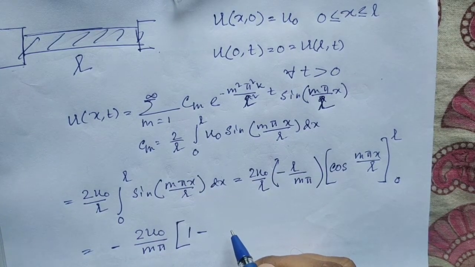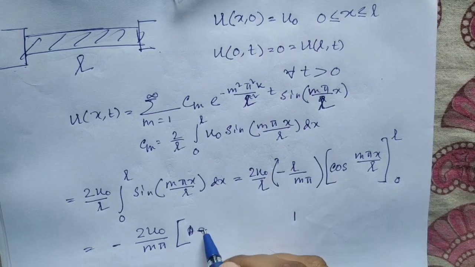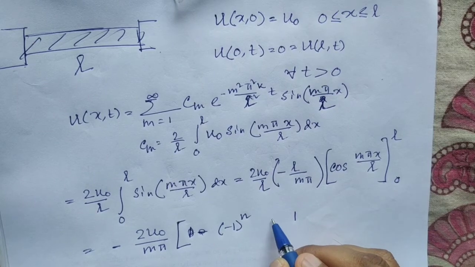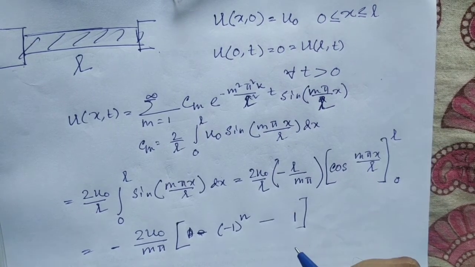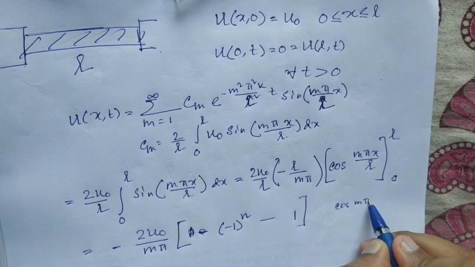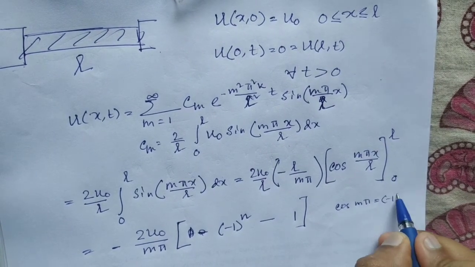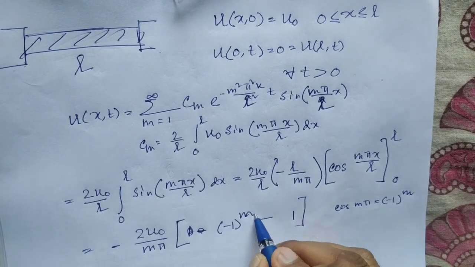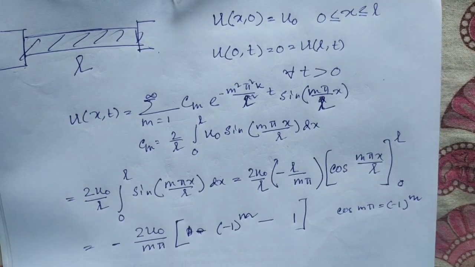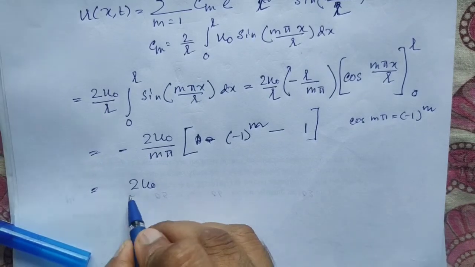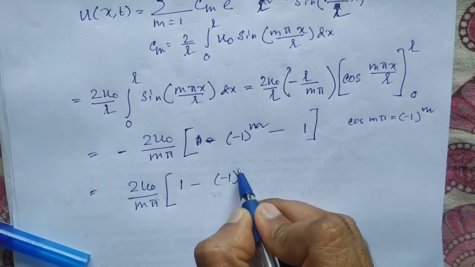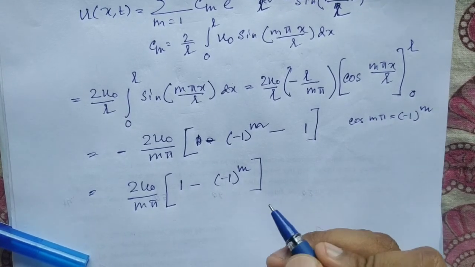Cos of 0 is equal to 1, and cos of m pi is actually minus 1 to the power m, if you follow. So cancelling this minus sign, we can write it as 2u0 by m pi times 1 minus minus 1 to the power m.